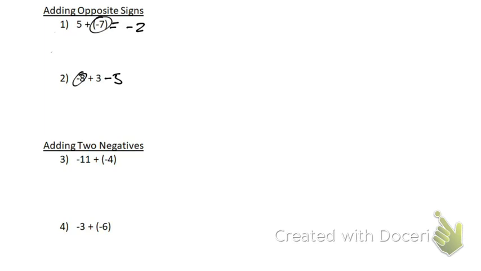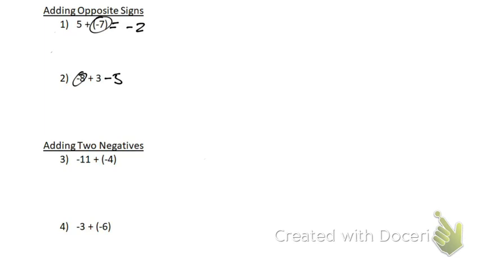Alright, so then number 3 and 4, it says what happens when you're adding 2 negatives. So here, again, visualize it on the number line. When you're adding 2 negatives, negatives take you to the left, right? So you're adding another negative, that makes you further to the left, makes a bigger negative number. So that's why when you're adding 2 negatives, you combine them to make a bigger negative.